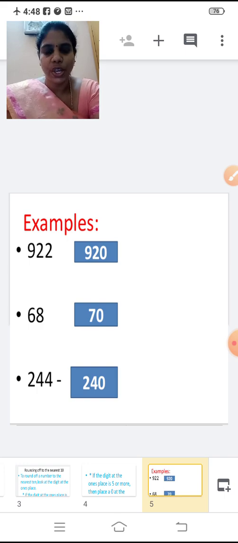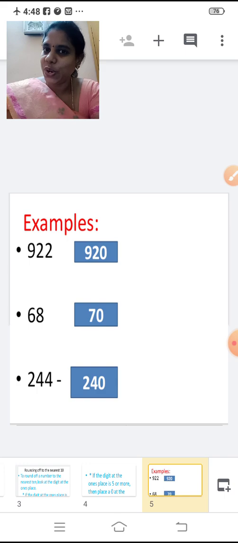Third one, 244. Now, round off this number and tell me the answer now. So, we have to see the digit at the ones place, right? So, what digit we are having in the ones place? 4. If it is 4 or less than 4, what you have to do?